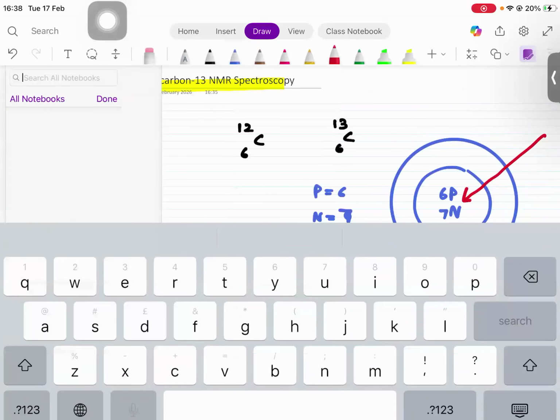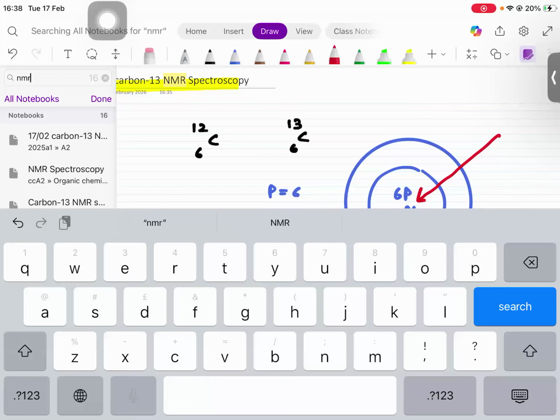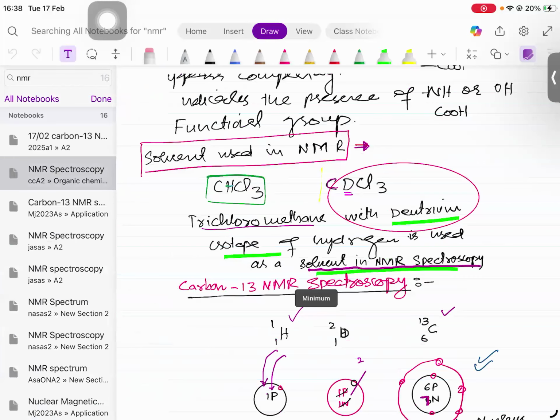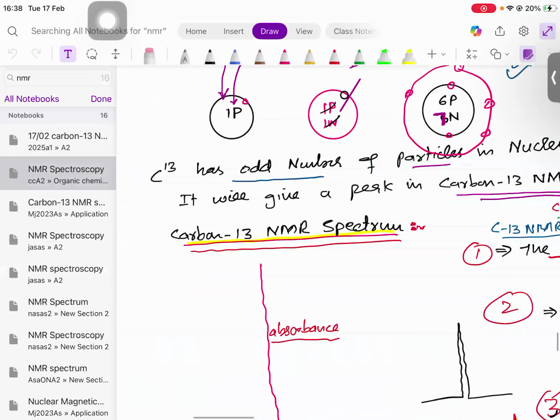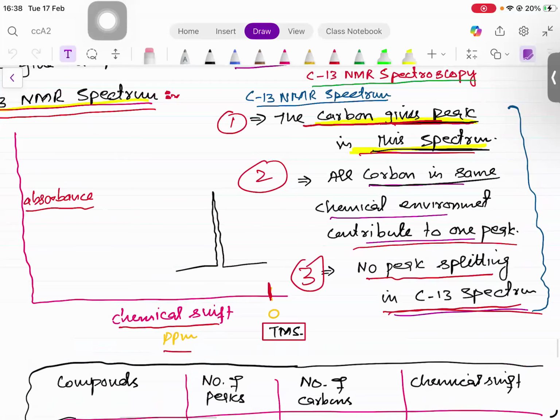First you have to write this thing. Please write down carbon-13 NMR spectrum. First write a few things here. Number 1, in the carbon-13 NMR spectrum, carbon gives peaks.